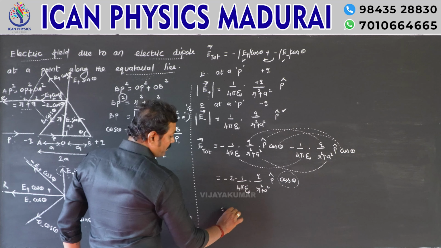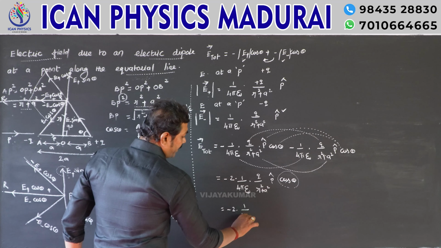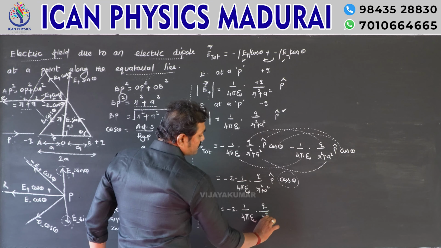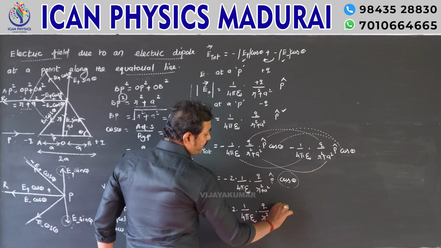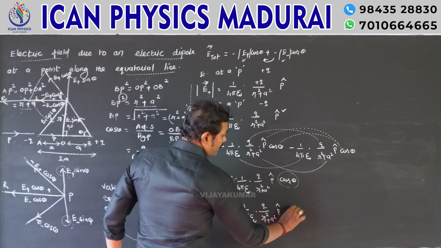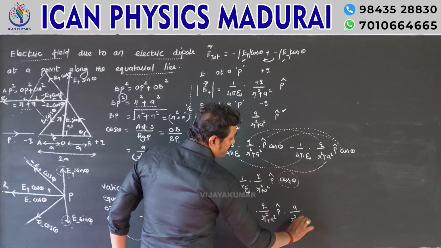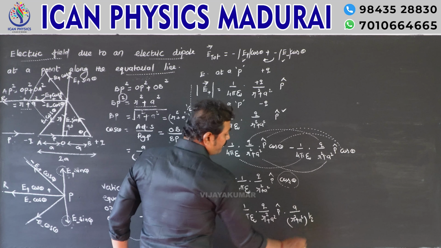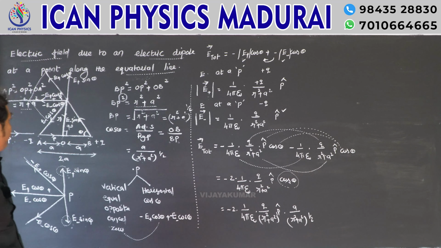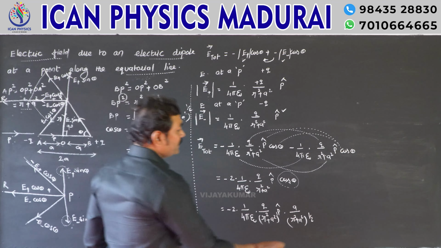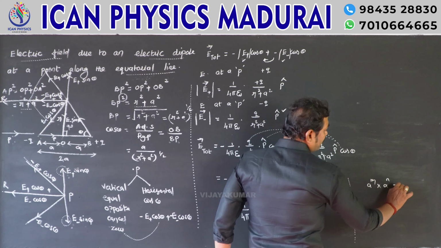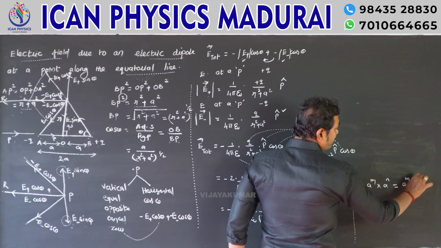So minus 2 into 1 by 4 pi epsilon 0 into q by r square plus a square into p cap into a by r square plus a square power 1 by 2. Here its power is 1. Now a power m into a power n equals a power m plus n.